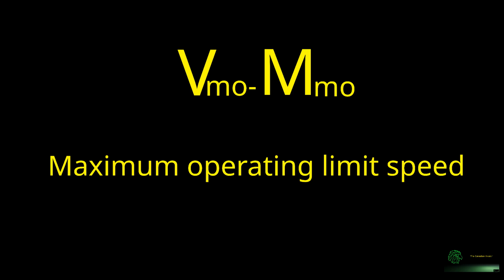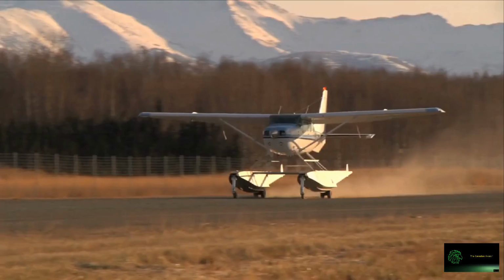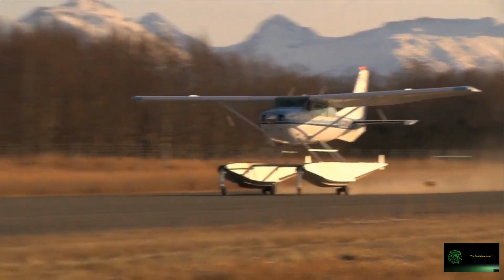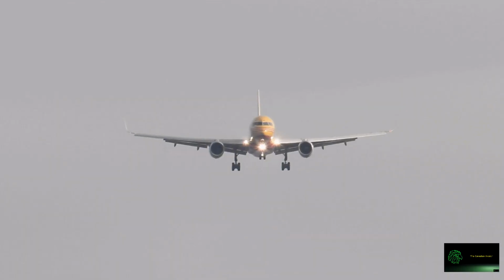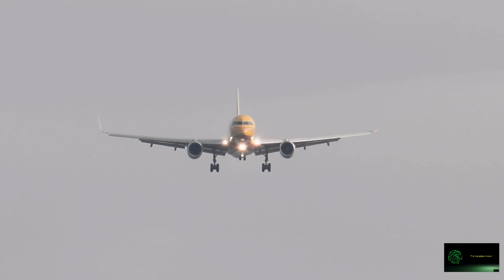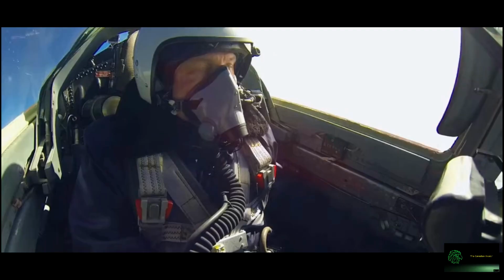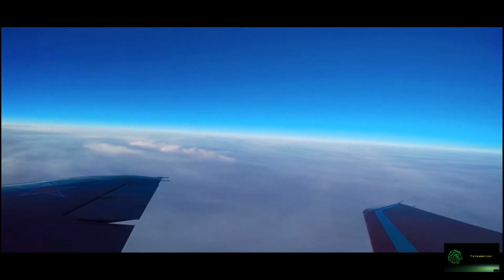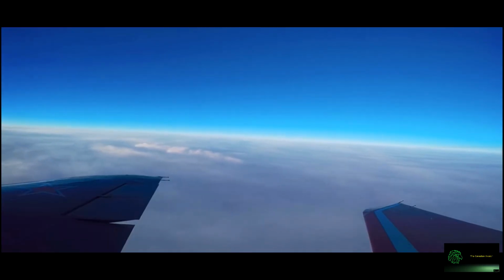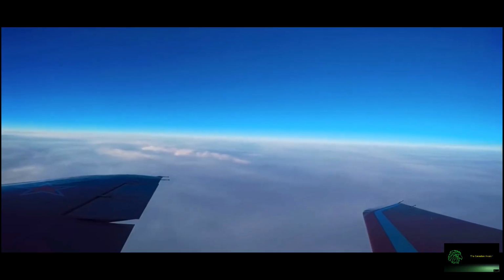VMO, MMO, or maximum operating limit speed. It's the highest speed an aircraft is allowed to fly under normal operations. VMO refers to the maximum speed in knots used at lower altitudes, while MMO refers to the maximum Mach number used at higher altitudes where air density decreases.